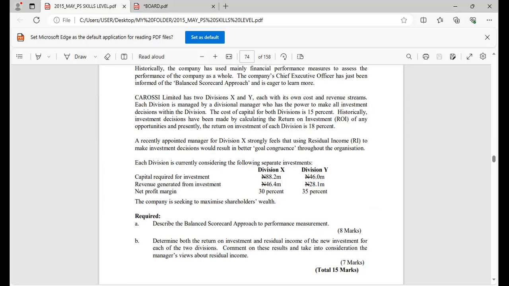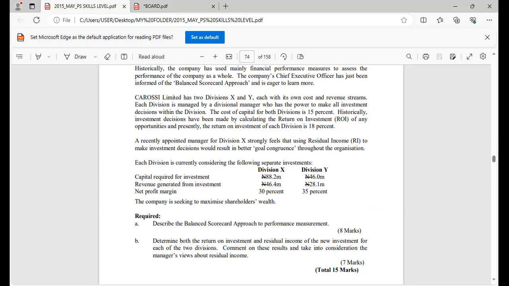A recently appointed manager for Division X strongly feels that using residual income to make investment decisions would result in better goal congruence throughout the organization. Each division is currently considering the following separate investments. We have the capital required for investment, revenue generated from investment, and the net profit margin.